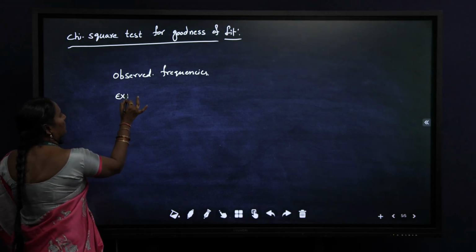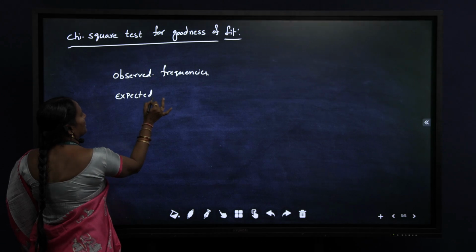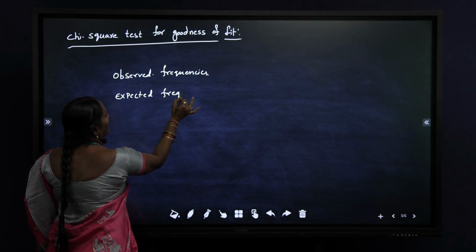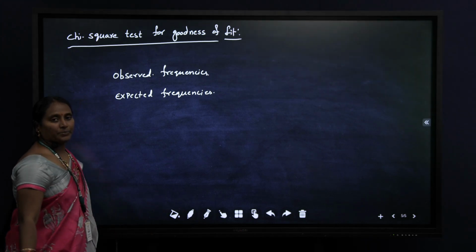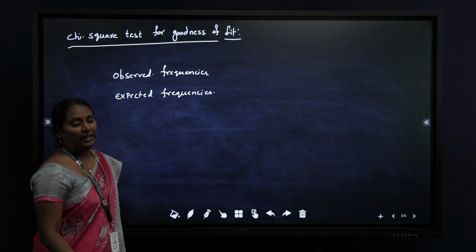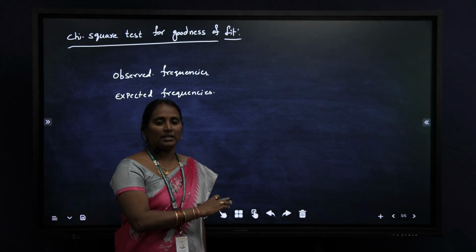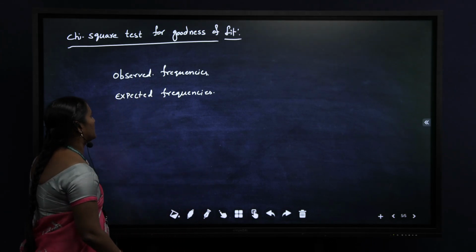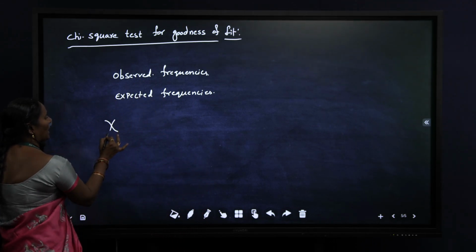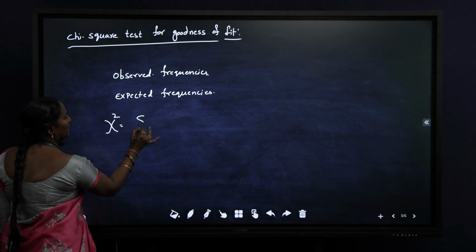After experimentation, we are getting some values. This is what we call expected frequencies. Now, we are testing whether there is any significant difference between observed frequencies and expected frequencies. This is what we find out by using the chi-square test.